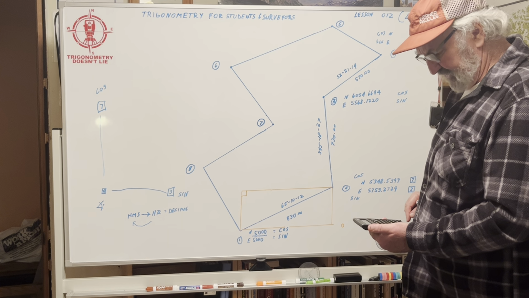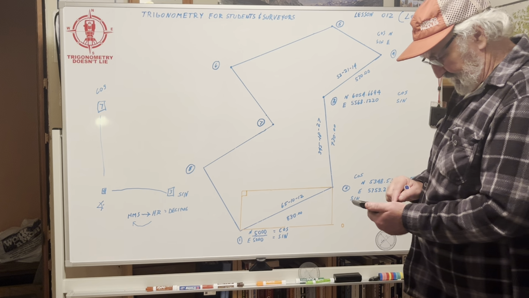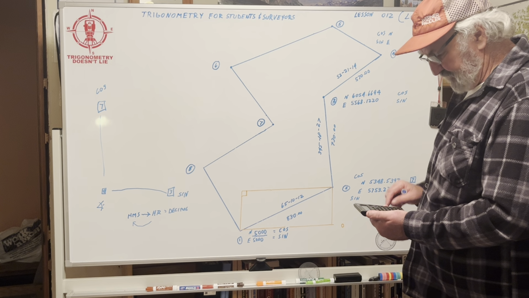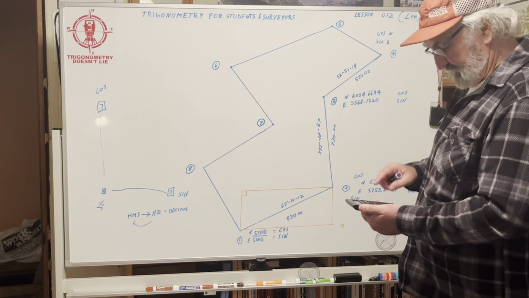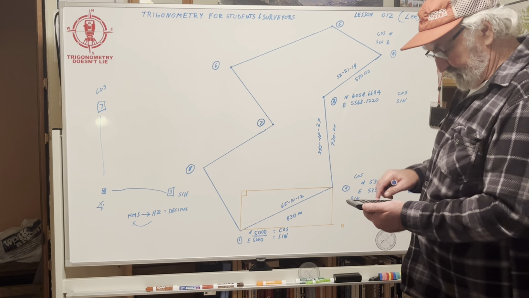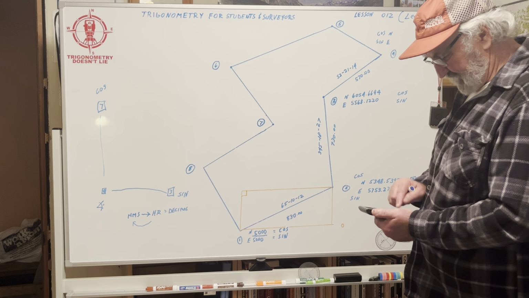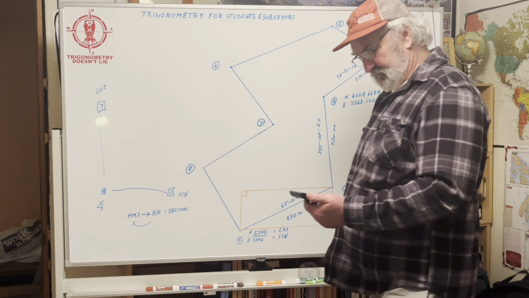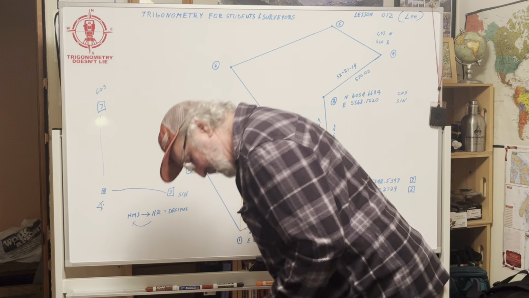I got 0.6108, and now we want to go 570 times, 348.1461. Now we want to add that to that one. So we're going to go store plus 7. Recall 7. 6,402.8155.